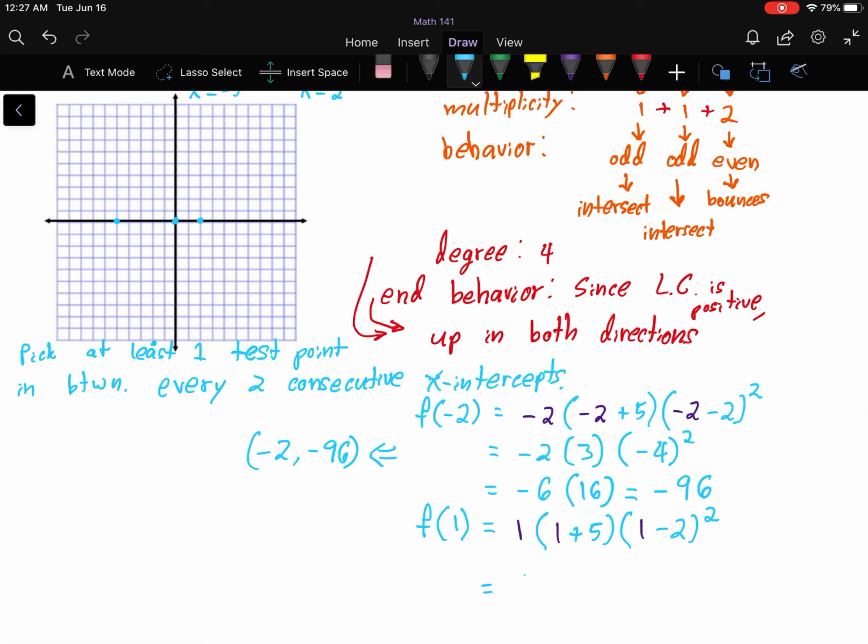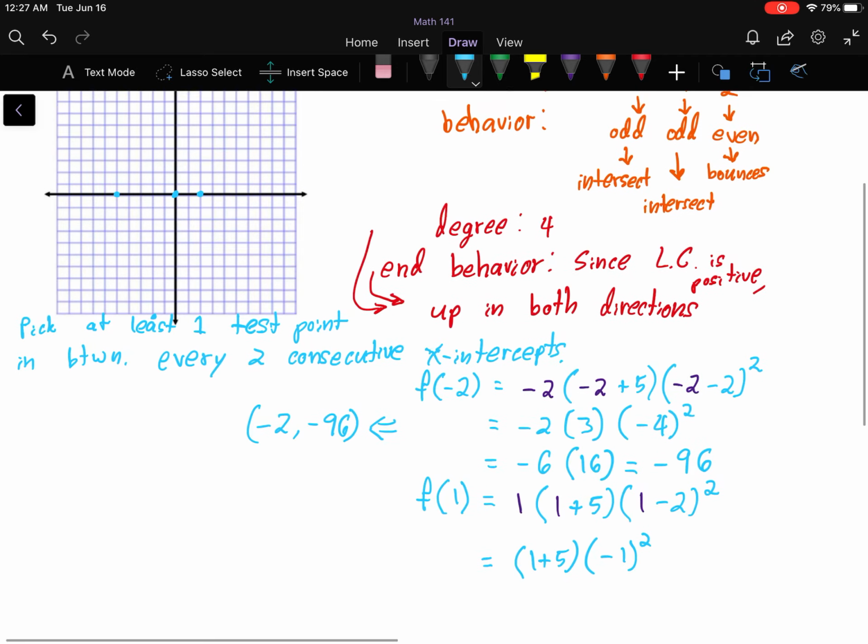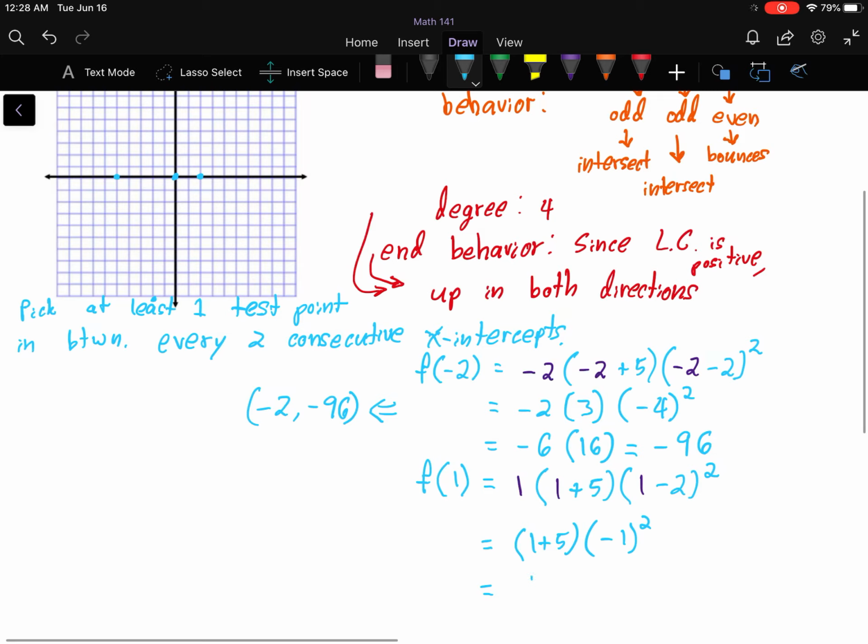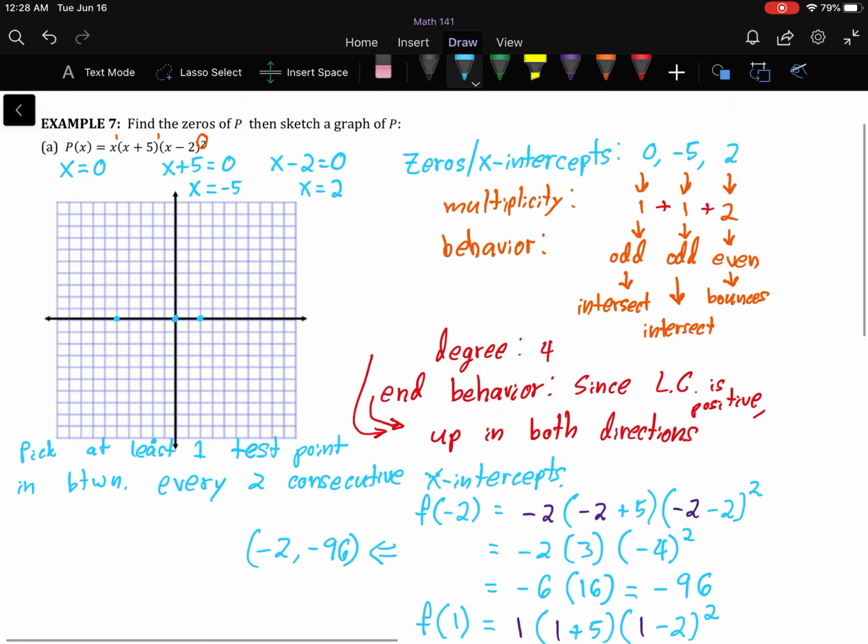We just have 1 times (1 plus 5) times (1 minus 2) squared, which is equal to 6 times 1, which is equal to 6. So our point here is 1, 6. And we can draw that on our graph, 1, 2, 3, 4, 5, 6.